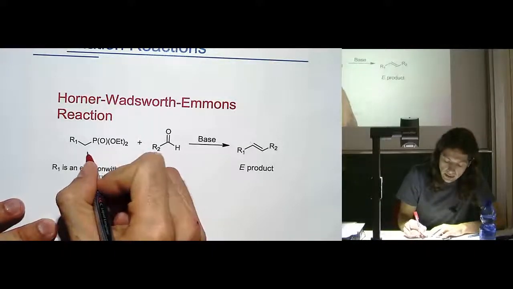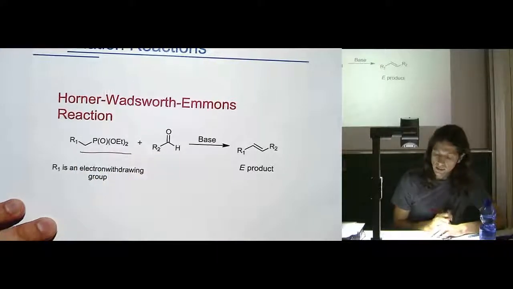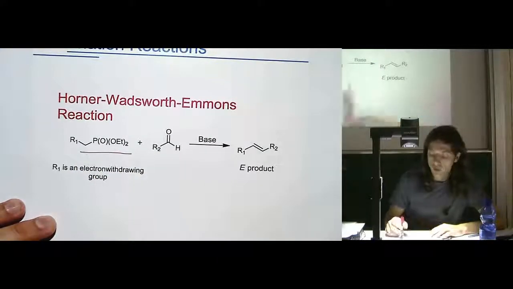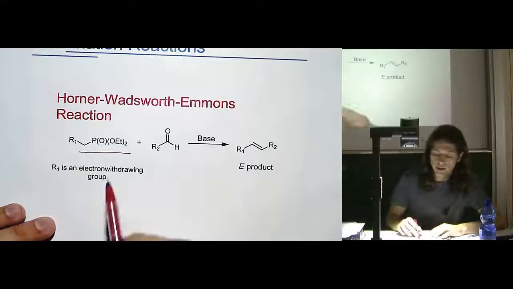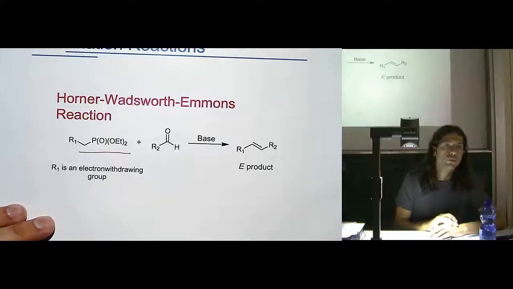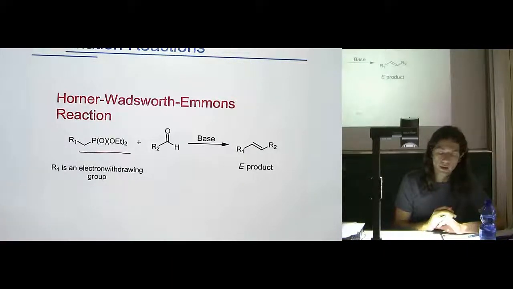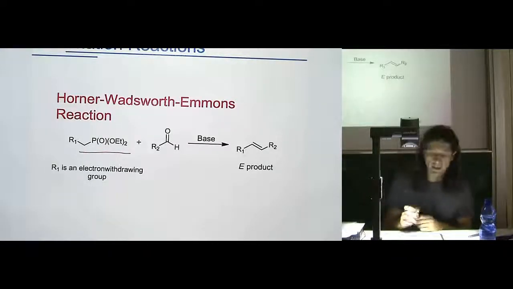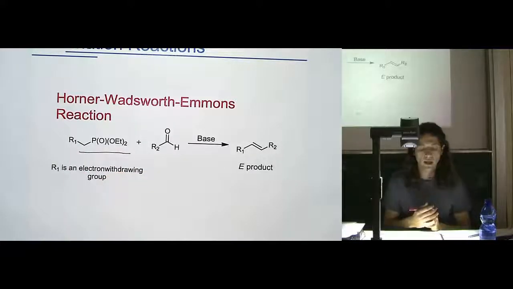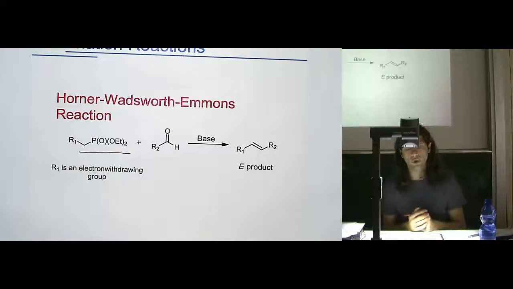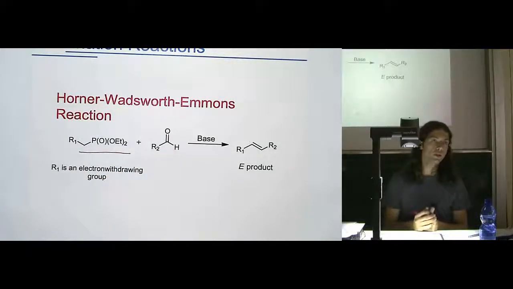The phosphonate is this species here. Of course, it is also necessary to use a base. The phosphonates are much more nucleophilic than the halides, and so generally R1 needs to be an electron withdrawing group, but it's true that this reaction also works whenever R1 is an electron donor.